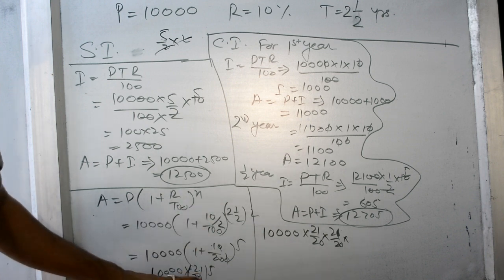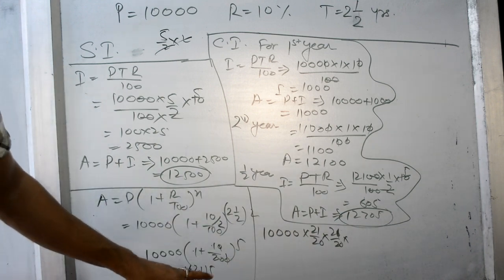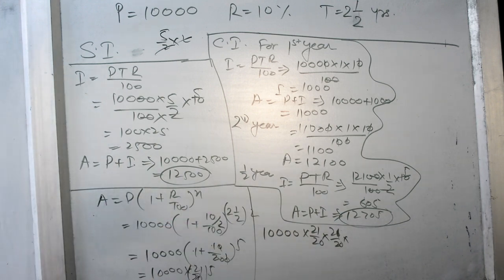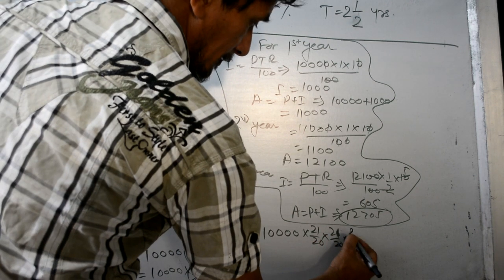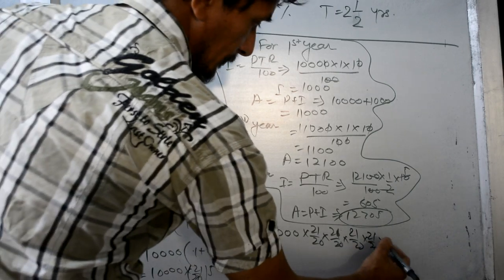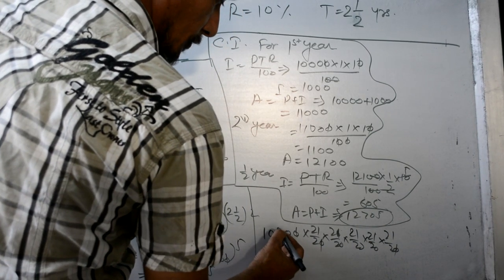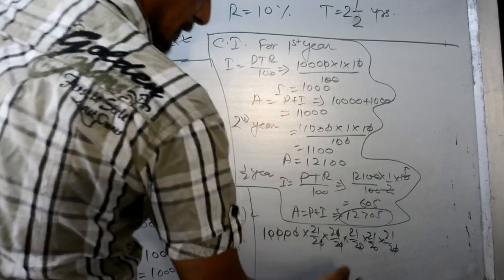So 21 by 20. I will write 21 by 20 five times because it is multiplied by the power 5. So 21 by 20 into 21 by 20 into 21 by 20 into 21 by 20 into 21 by 20.